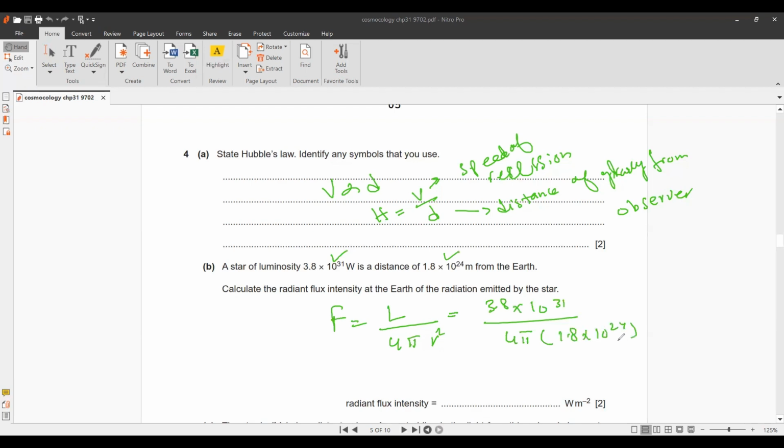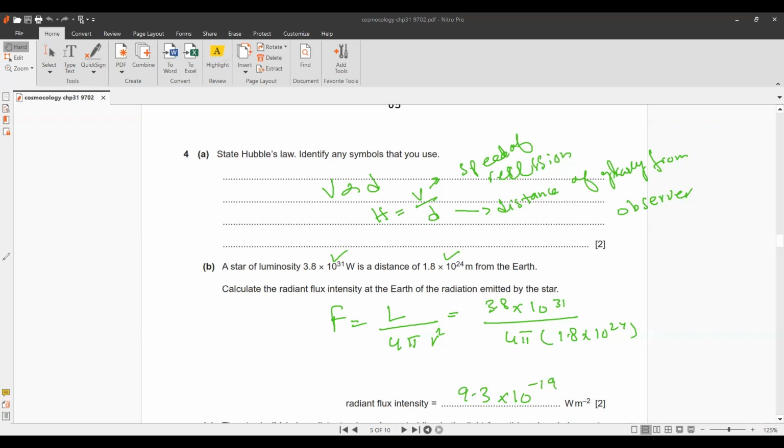What do we get? 9.3 into 10 raised to the power minus 19.